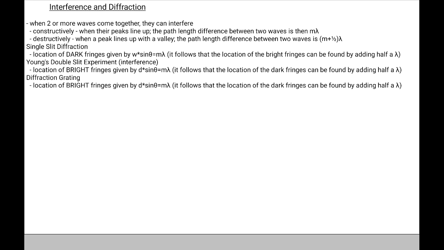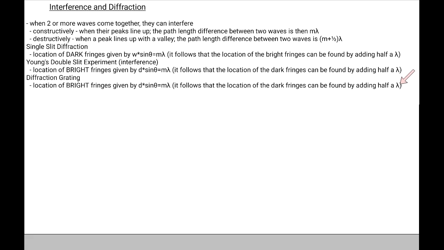So the location of bright fringes can be given by that equation. We can find the location of the dark fringes by adding half a wavelength, and that statement is a little bit iffier, because by adding half a wavelength, actually the range of angles is quite large.